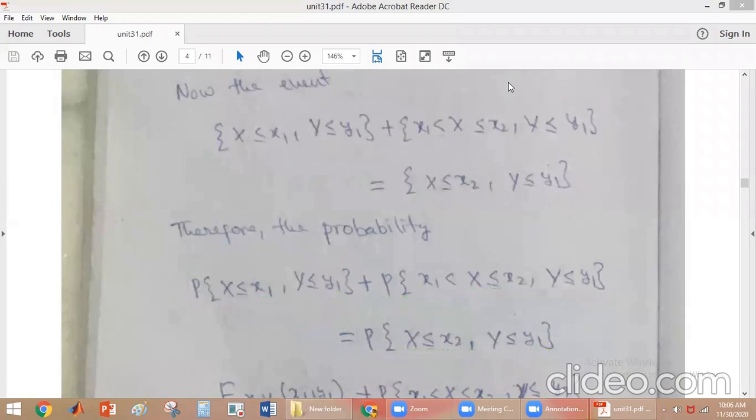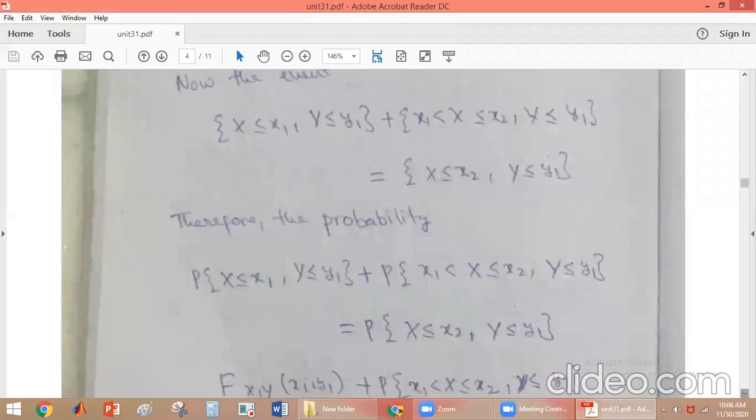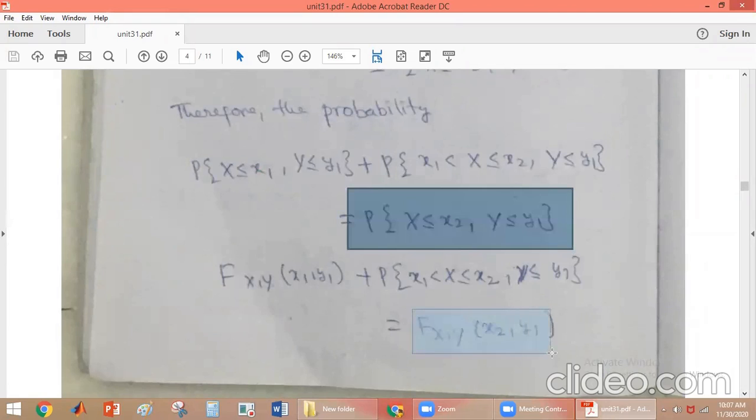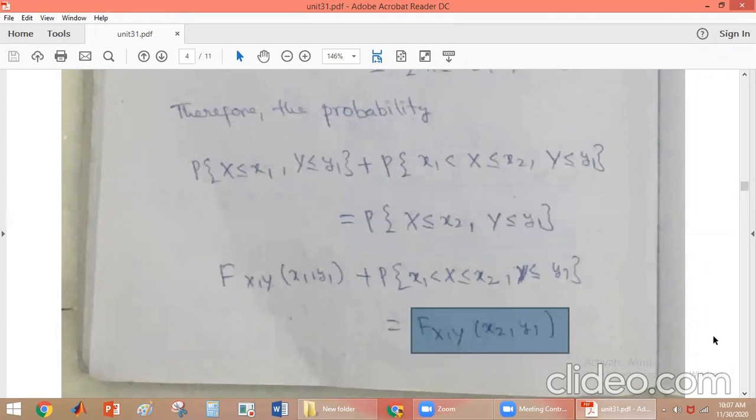Is it clear? So what is the first relation? The first relation gives us the joint probability distribution function at x1, y1, and the second part, what we have on the right side, gives us the joint distribution function at x2 comma y1, because the x range is x2 and the y range is y1.